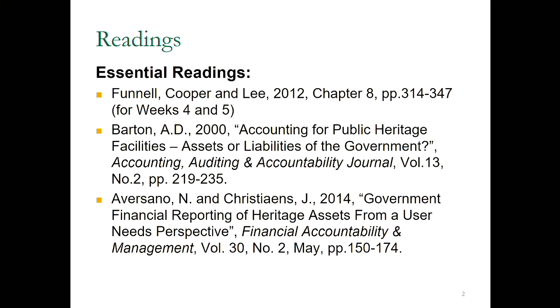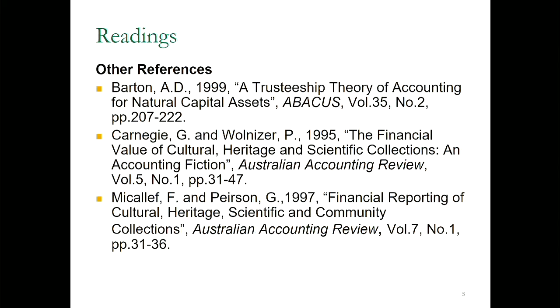The third article is a survey looking at whether the accounting standard requirements in relation to heritage assets are useful to meet users' information needs or not. It's an Italian study, but the concept is also relevant to Australia and worldwide. There are other articles which discuss and argue about the accounting for these types of facilities, because it is quite controversial.